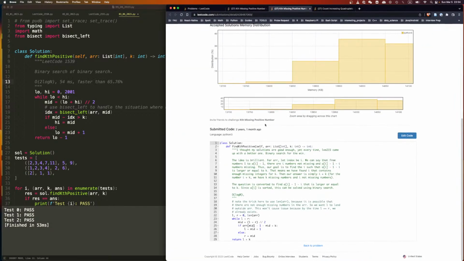What was my other solution? This one. So the way they do it is array mid minus 1 minus mid.